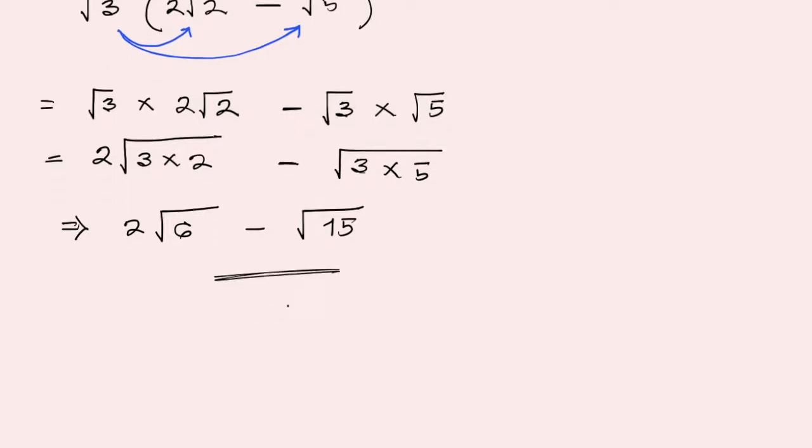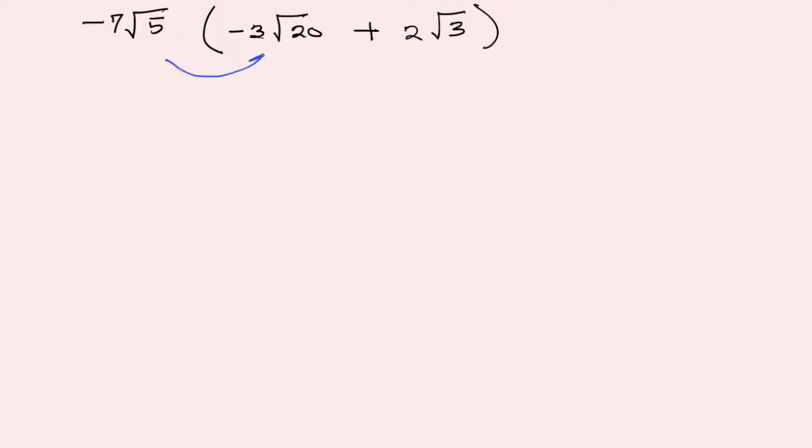So let's do one more. If we have minus 7 root 5 into minus 3 root 20 plus 2 root 3. Now we do the same thing like we did for the previous two examples.